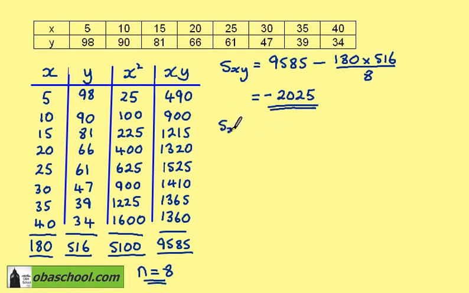For Sxx, we have the sum of the x squareds, take away the sum of the x column squared, divided by the number of pairs of data.